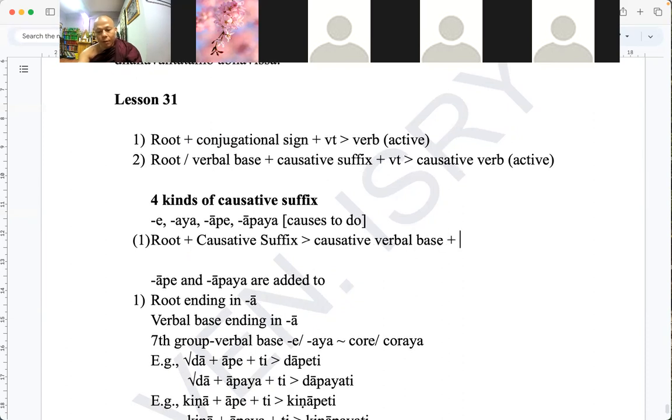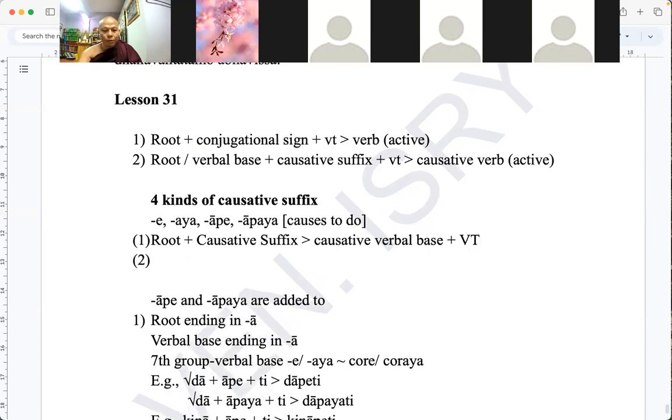After that, maybe verb terminations can be added, and we can form the verb. Number 2 is to the present verb base.